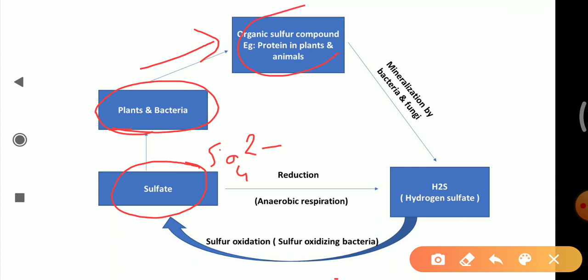Plants are also consumed by animals. So the sulfur moves through the food chain and is released when the organism dies and decomposes.